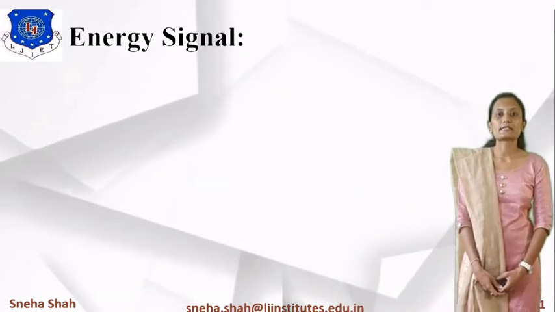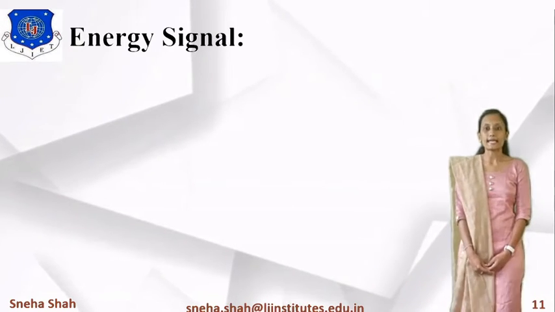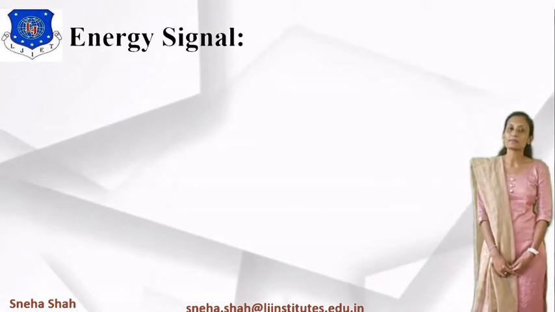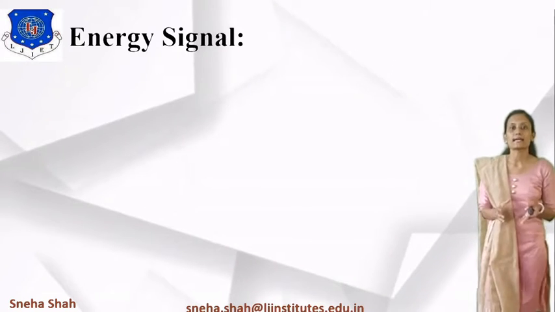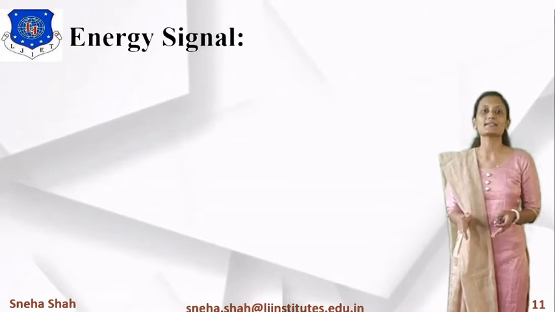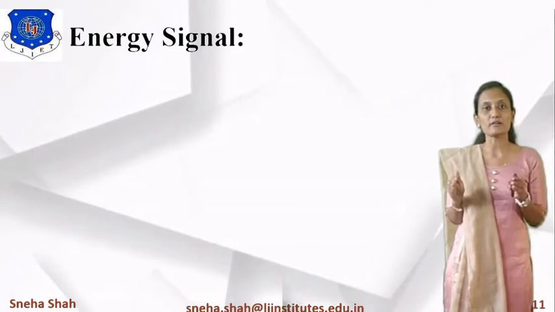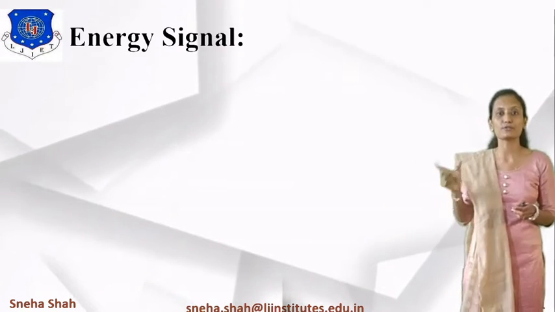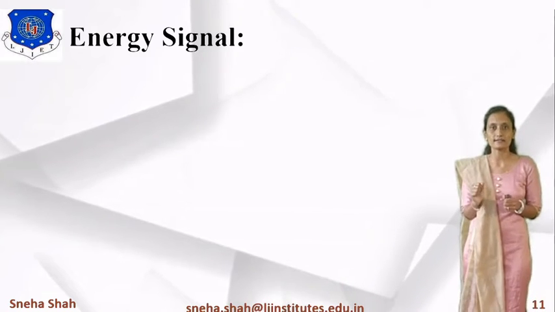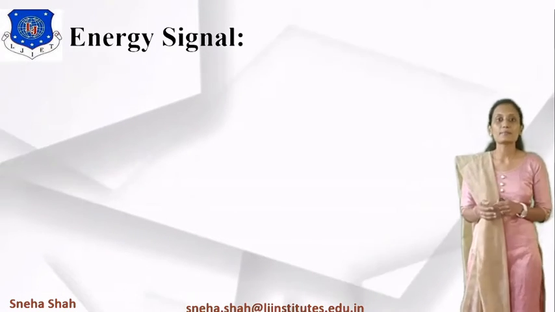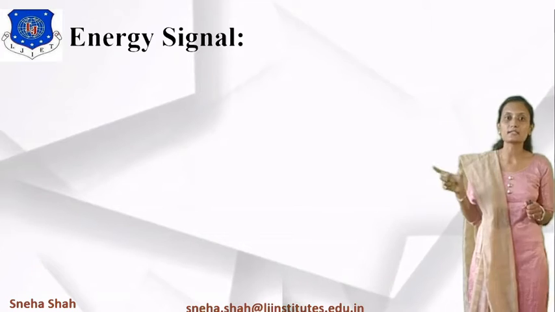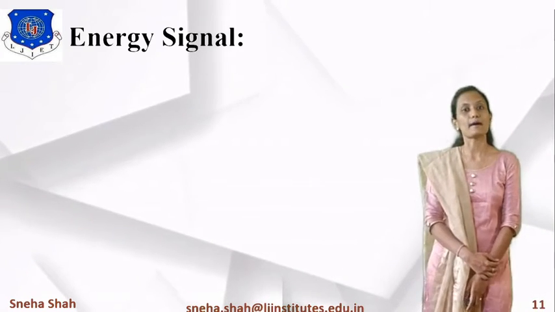Now the next type of signal is the energy signal. Now what is an energy signal? An energy signal is one kind of signal whose total normalized energy is finite and non-zero. It means if we find the energy of any signal and it is between 0 and infinity, then it is known as an energy signal. And if the power of the signal is between 0 and infinity, then it is known as a power signal.